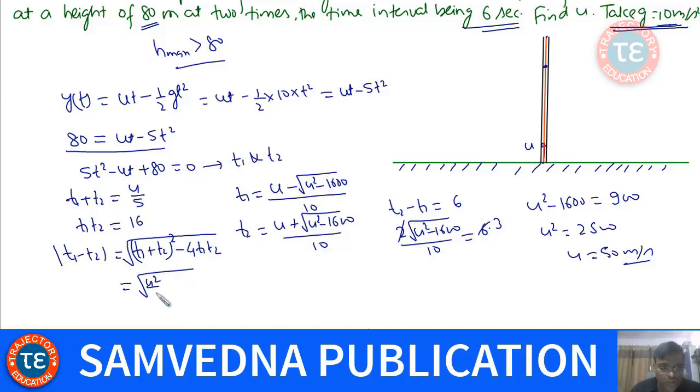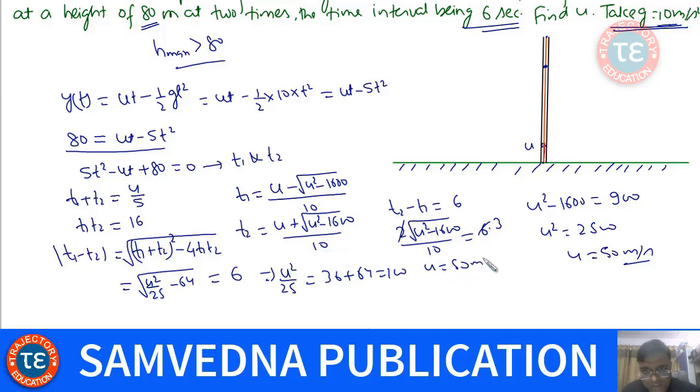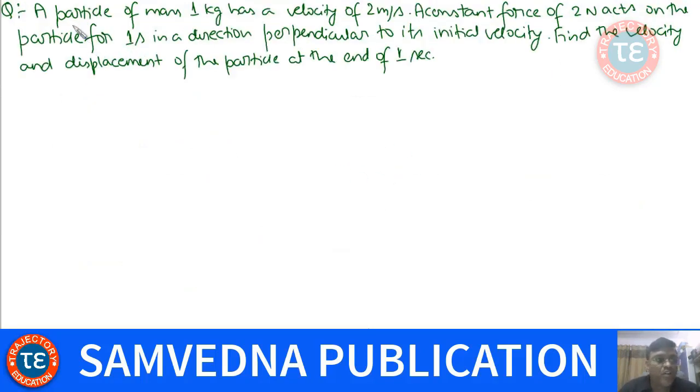So that would give you under root u square by 25, and 4 into 16 is 64, equals 6. So square both sides, so it will be 36 plus 64 is 100. So u will be 50 meter per second. You can do it that way also. So mathematics, it depends on your aptitude, how you do it.